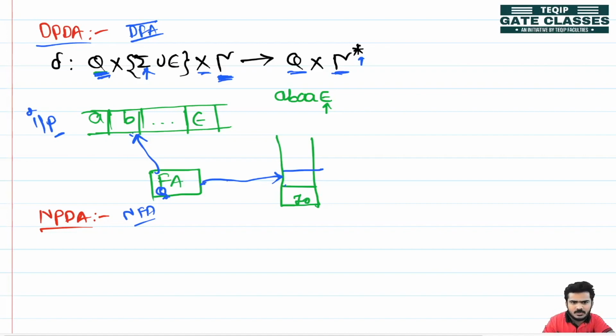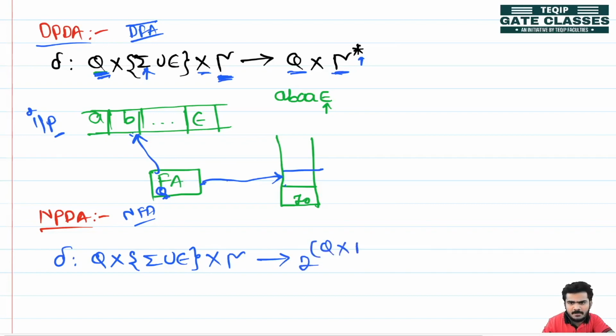It will be represented by delta, and suppose I am in particular state Q. After seeing an input alphabet or epsilon along with stack alphabet, then I will go into 2 raised to power Q into, and I will update these many stack alphabets. So this is the transition function with respect to non-deterministic PDA. I hope this is understood.